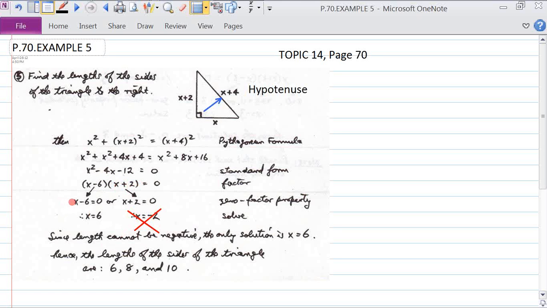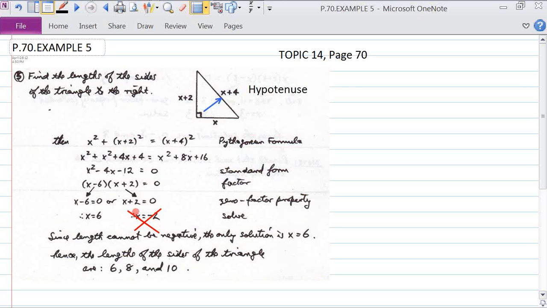Now, use the zero factor property. We set x minus 6 equal to 0, and x is equal to 6. X plus 2 equal to 0, x equals minus 2. Now you can't have the length equal to a negative number. A length cannot be negative, so this answer is not realistic and we eliminate it.